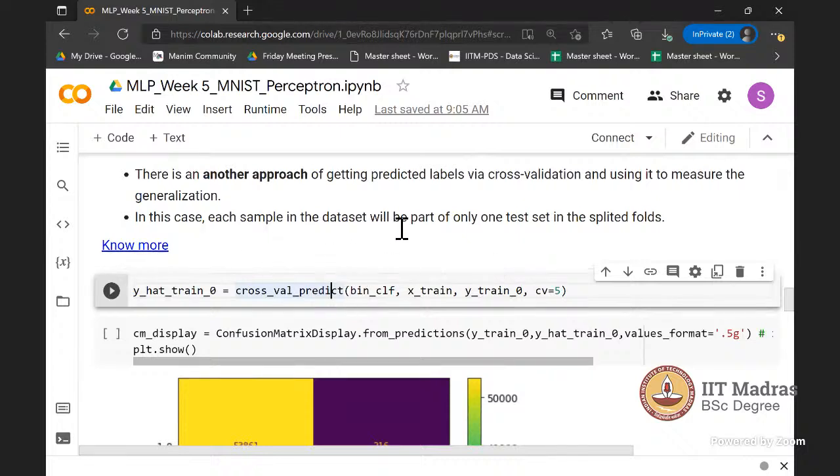But you are passing only X train and y train, right? So that means it has not yet seen the test data. With CV equal to 5, 4 folds you have used for training that estimator, and 1 fold you are using for predicting, using that validation fold as a test set.